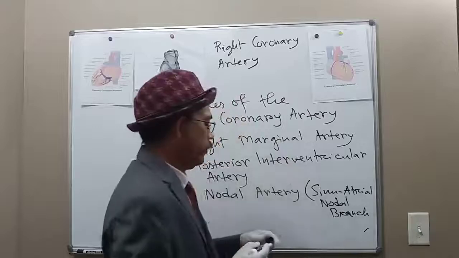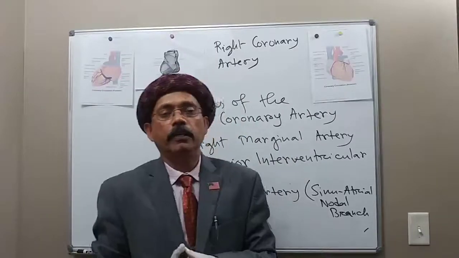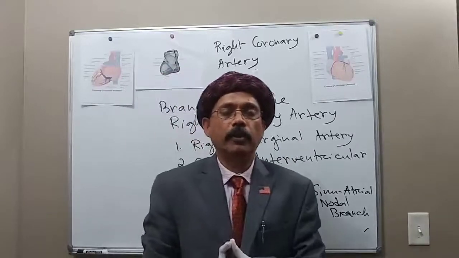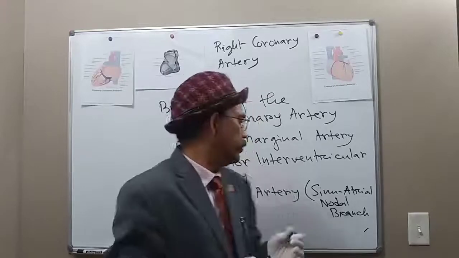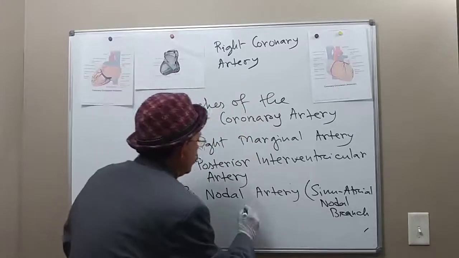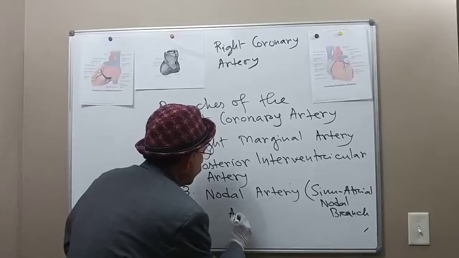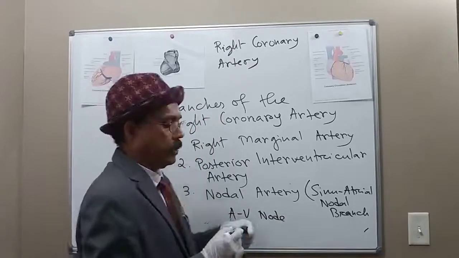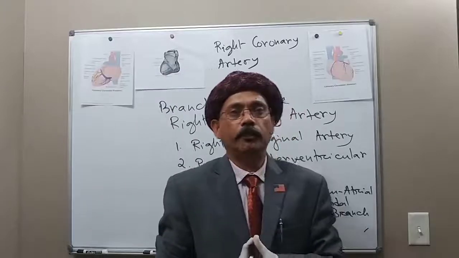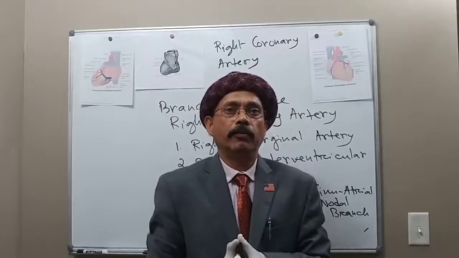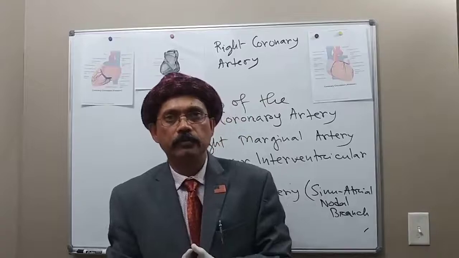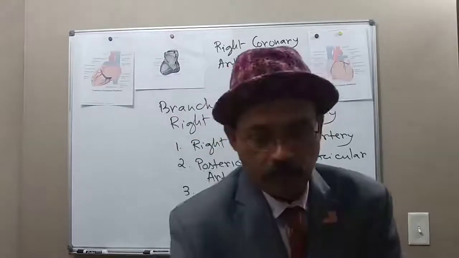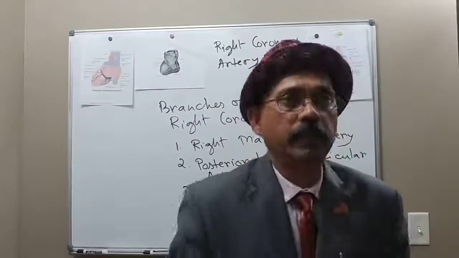In most cases, the right coronary artery also supplies the AV node. So the SA node and AV node usually get blood supply from the right coronary artery. We have covered the branches of the right coronary artery.